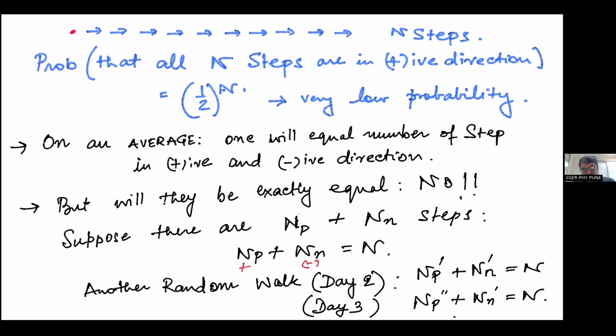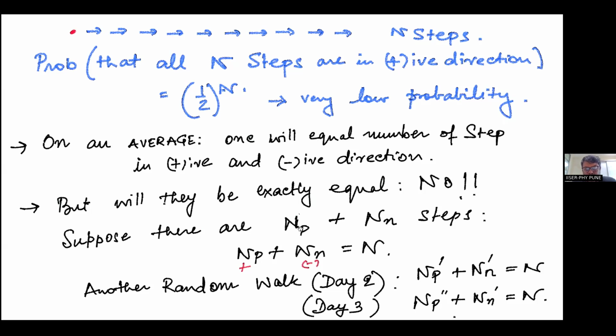No. Sometimes you'll get 47 heads, corresponding to 47 steps to the right, and 53 tails, which means 53 steps to the left. So there will be a net displacement of -3.